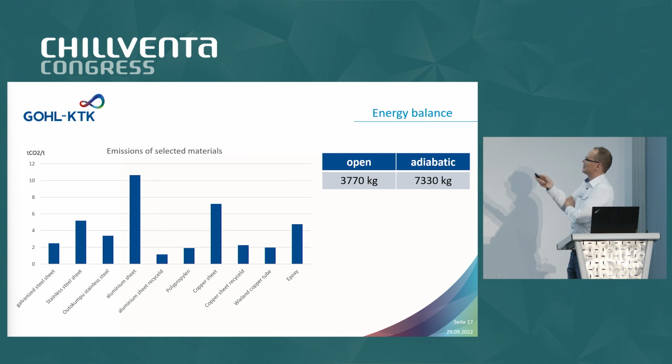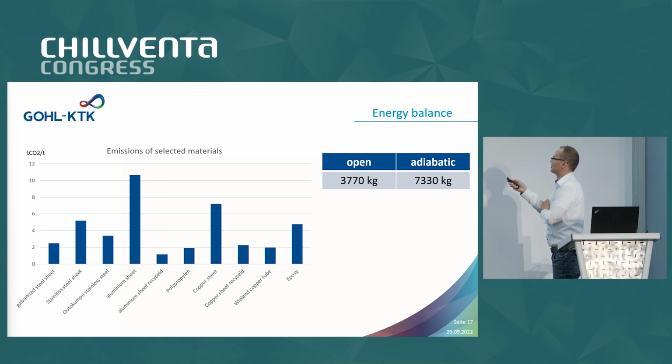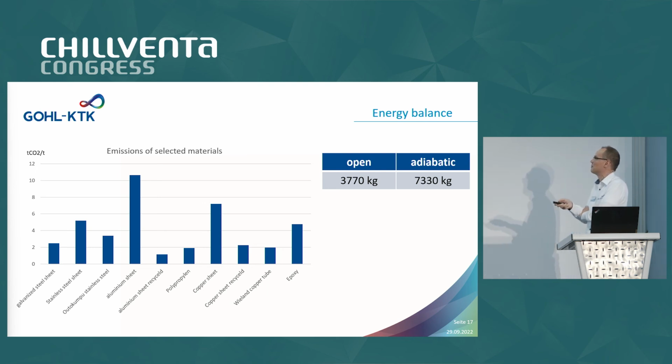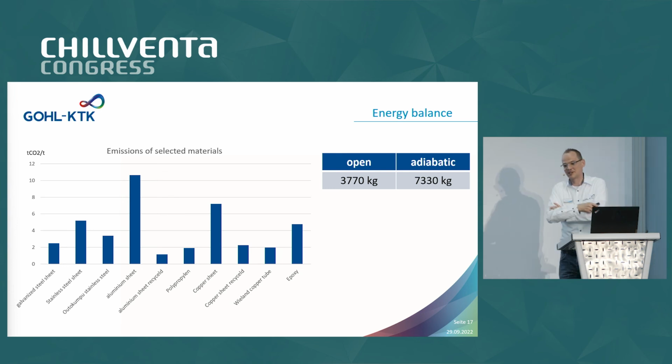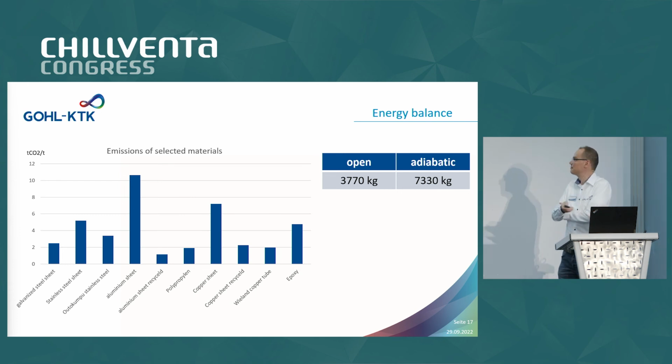But what we can say is that the two units we are comparing at the moment weigh different weights. An open type cooling tower has less mass than an adiabatic cooling tower, which consists of copper and aluminum heat exchangers. So by that multiplier, you can see the open type cooling tower is probably the more environmentally friendly one.